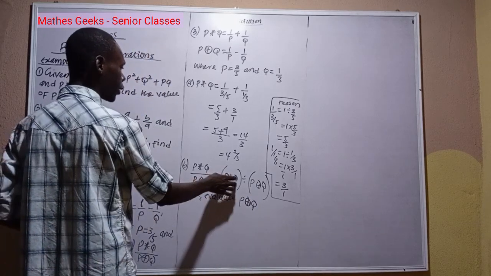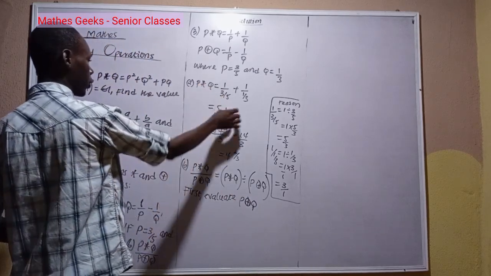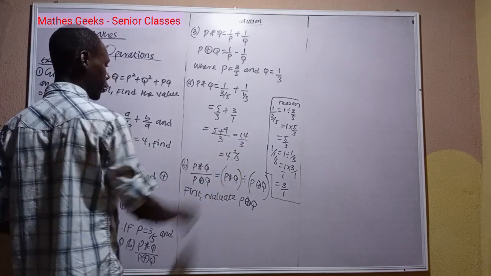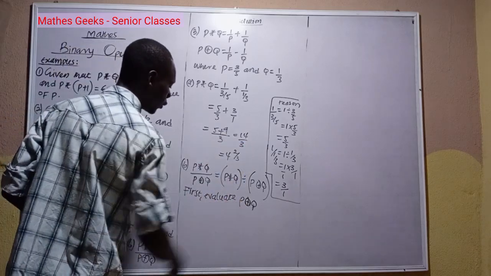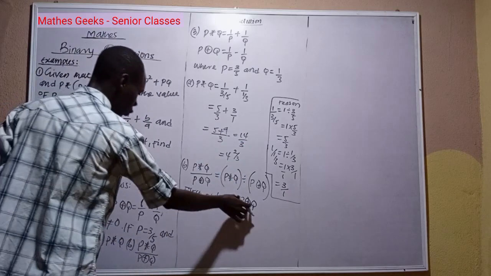It's because we already know P star Q from A. So now we need to know P O plus Q.